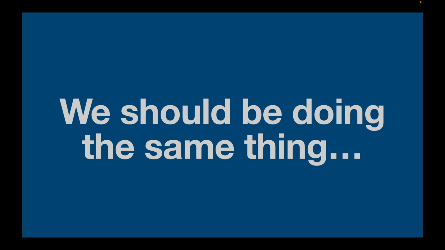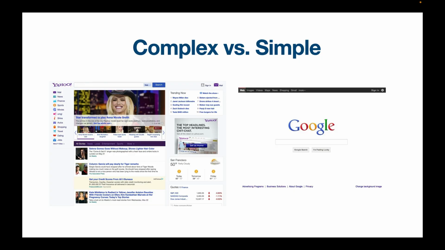Here are some examples. Here are Yahoo and Google's home pages in the early 2010s. One looks cluttered and the other looks clean. Or you could infer complexity versus simplicity. You could do the same thing showing your competition screens versus yours, or show their 3 screens to complete a transaction versus your 1 screen.